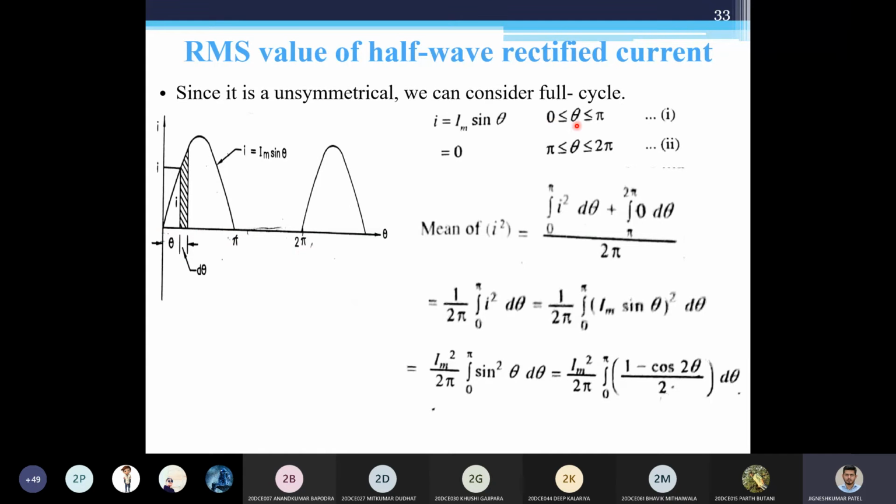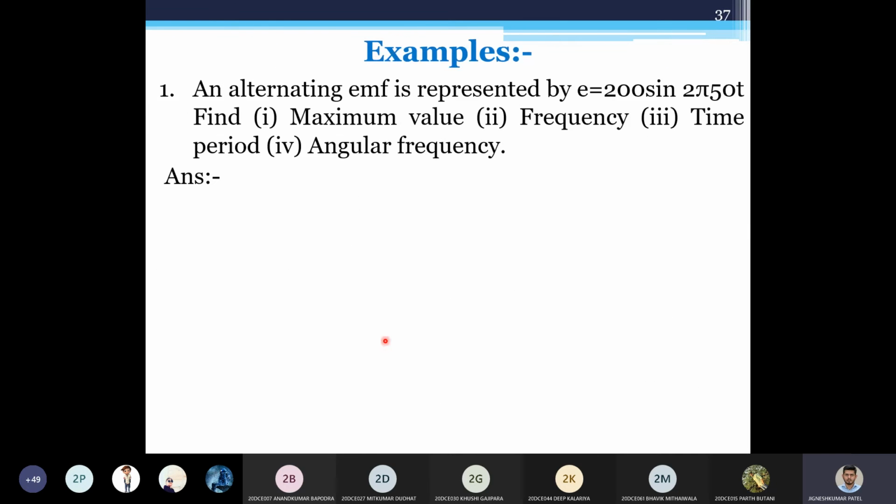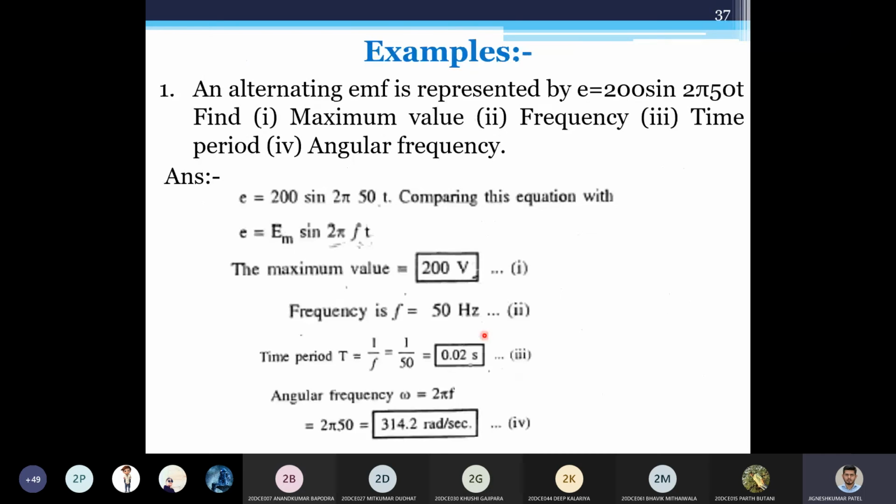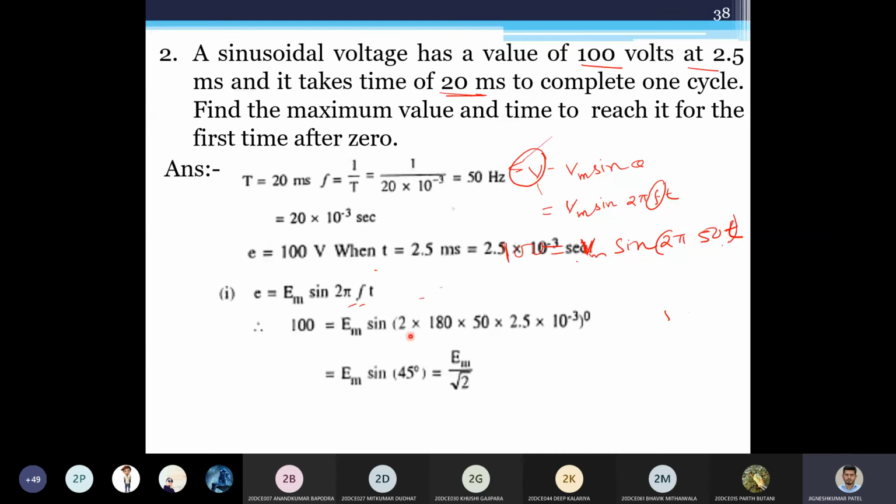If you are talking about radians, you can say 0 to 3.14 and then 2 into 3.14. But as we are considering degrees over here, we have taken the value of pi as 180.